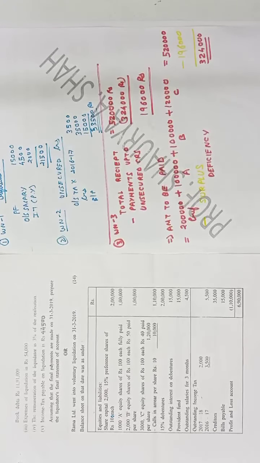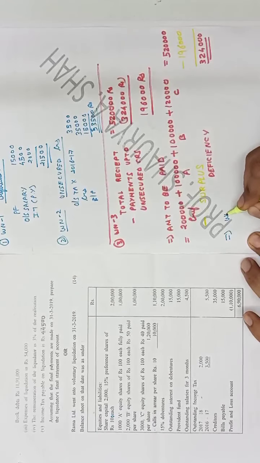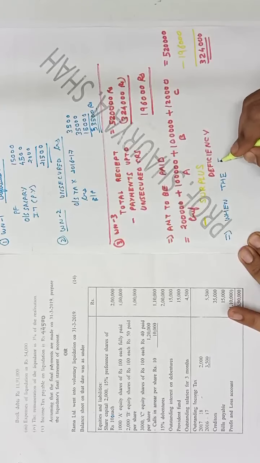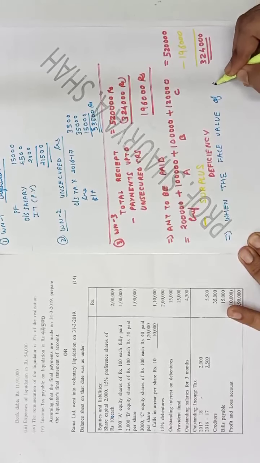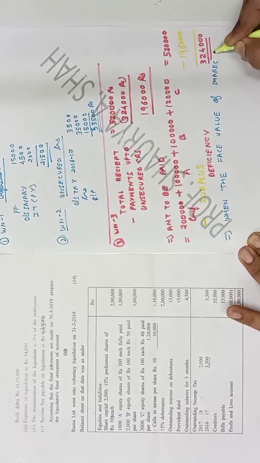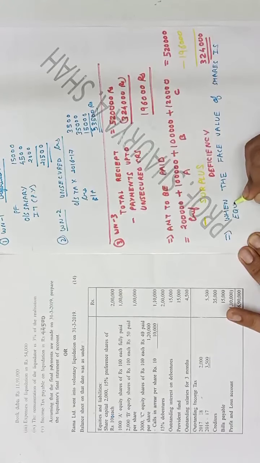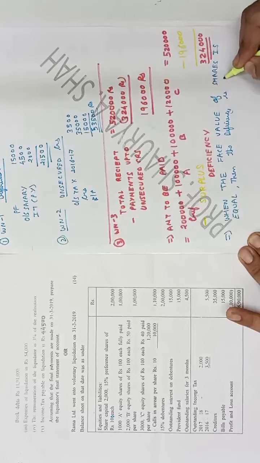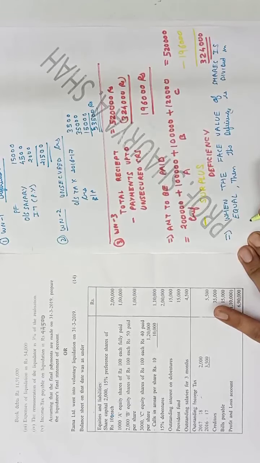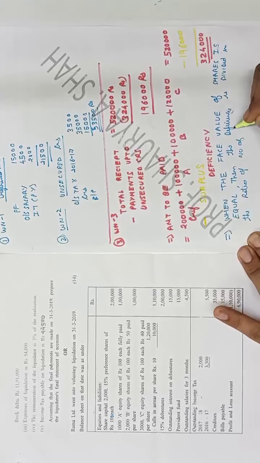So I'll write down for your knowledge, you also note this point very carefully, when the face value of shares is equal, then the deficiency is divided in the ratio of number of shares, right?